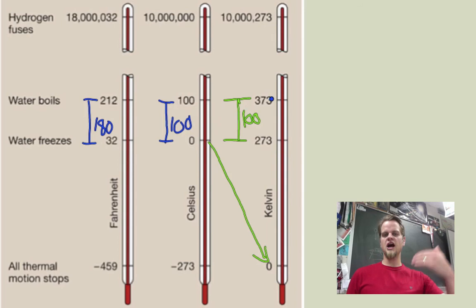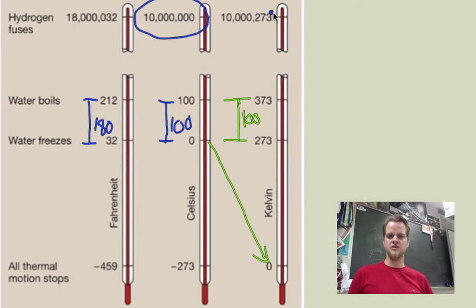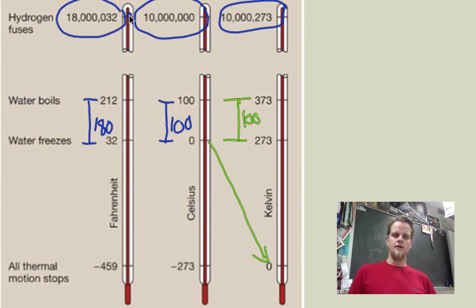But as you start getting higher and higher in the temperatures, when you're getting into the millions, notice 10 million Celsius is just about 10 million Kelvin. This is where hydrogen fuses, about the temperature of the core of the sun. It's only a 273-degree difference, so there's really not much difference between Celsius and Kelvin there. However, because of the 9/5 scale difference, the Fahrenheit is very different because of the scale difference, not because of the shift. Okay?